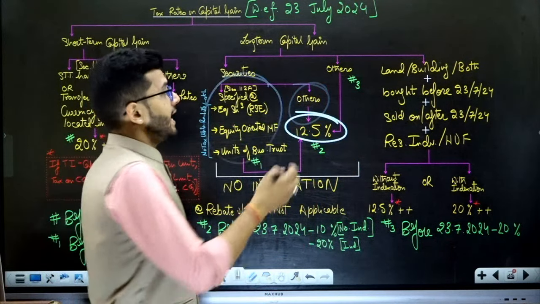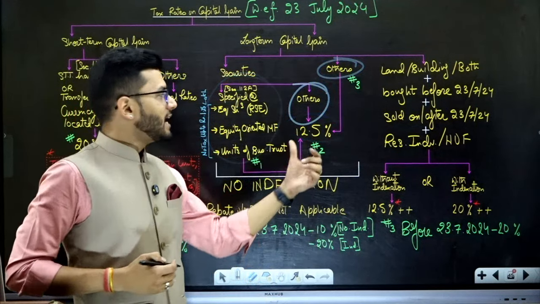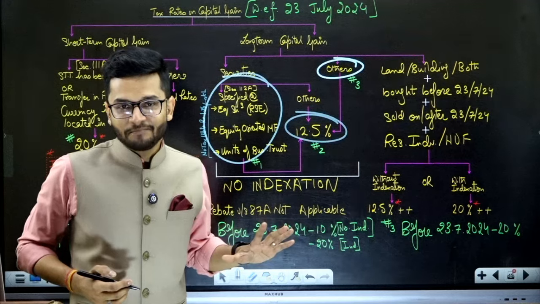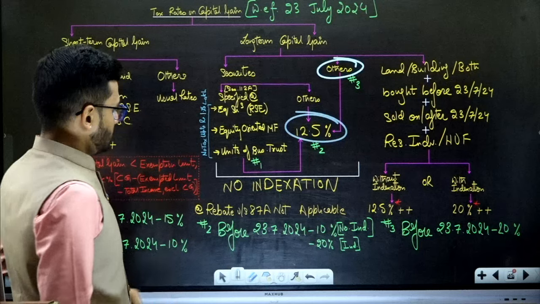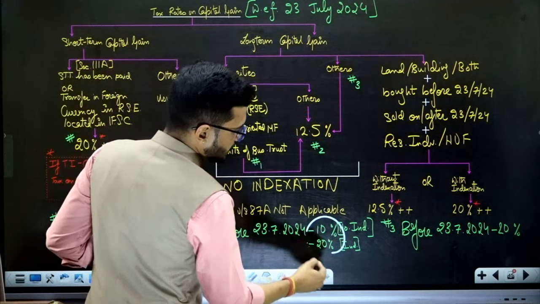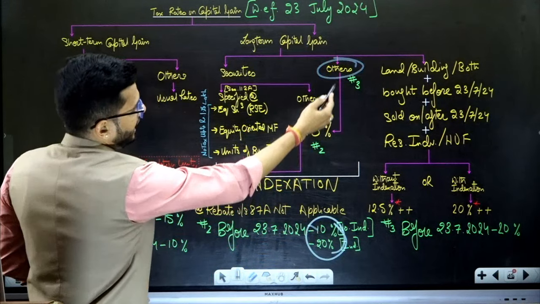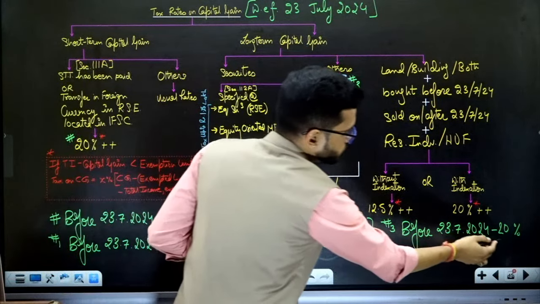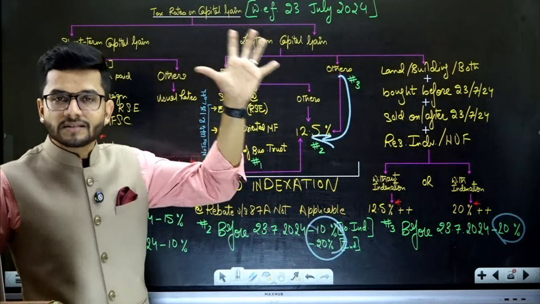Not only this, any other asset which is facing a long-term capital gain, the constant tax rate is 12.5%. So in effect, the tax rate has been reduced. Earlier, the tax rate was 20% or 10% with or without indexation. And in any other kind of assets, the tax rate was 20%. So it has been substantially reduced to 12.5%.